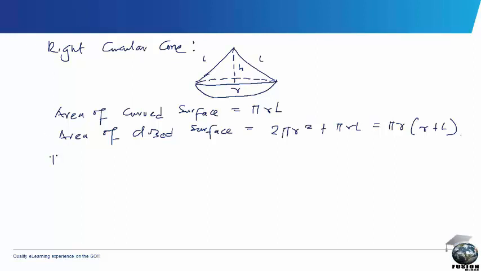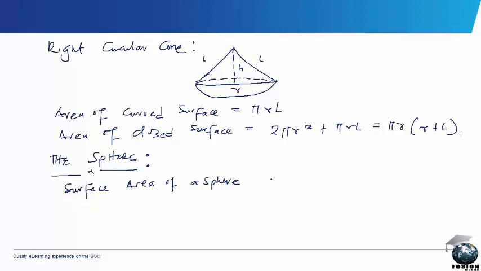And so let's talk about another figure called the sphere. The sphere has a surface area of 4 pi R squared.